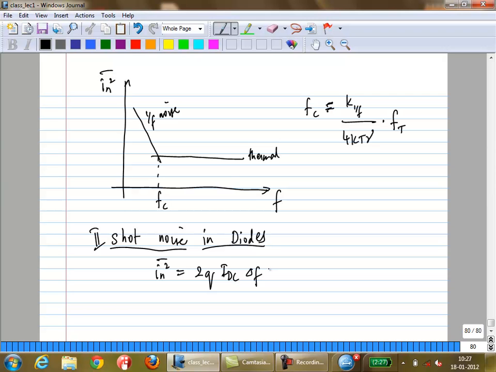Q is the electronic charge. If you look at bipolar transistors, you will be using this. Remember that you have two junctions, right? So typically this kind of shot noise is prominent in diodes and bipolar transistors.